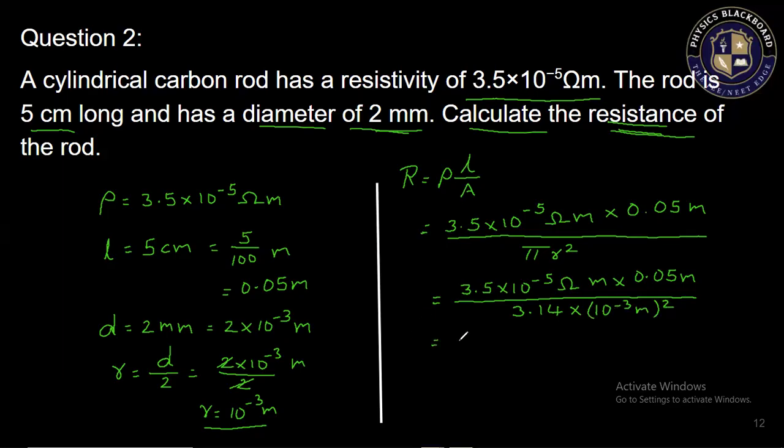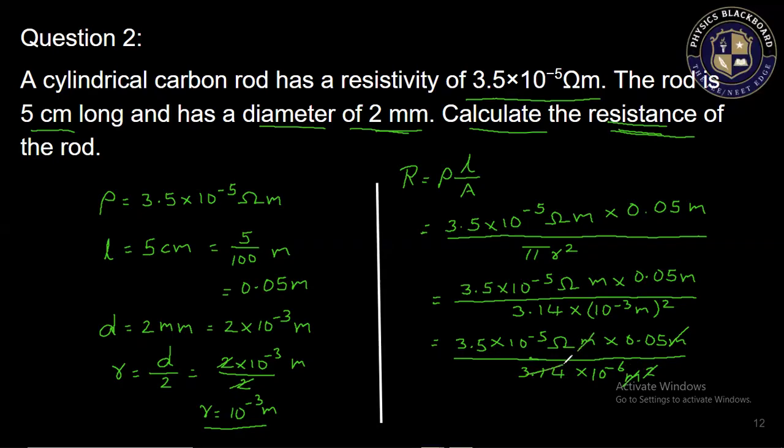So further you can write 3.5 into 10 power minus 5 ohm meter into 0.05 meter by 3.14 into 10 power minus 6 meter square. Meter and meter square get cancelled.